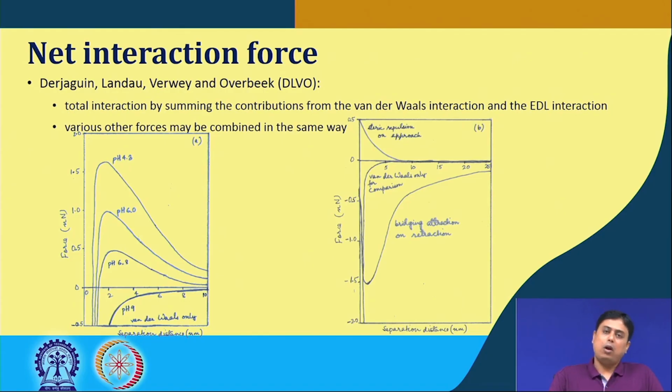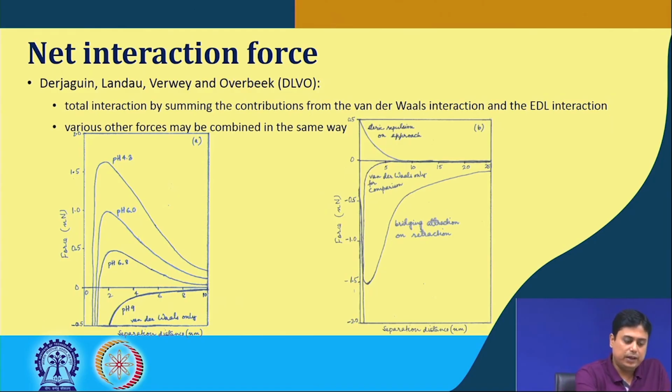And similarly, all other forces can be just added to those forces to have the total interaction between the two particles. So, basically it is the summation of all interaction forces, for which we can have the expression, theoretical derivations or empirical correlations.